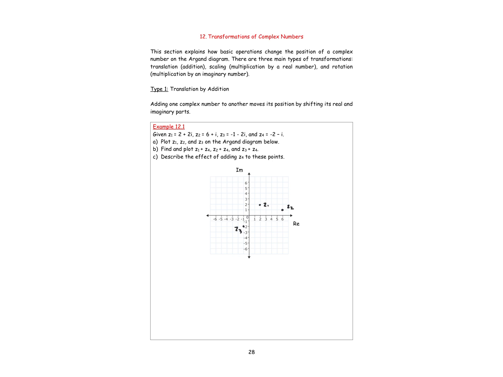In part B, it says find and plot z1 plus z4, z2 plus z4, and z3 plus z4. First of all, I'm going to find z1 plus z4. z1 is 2 plus 2i. z4 is minus 2 minus i. Here I'm going to add and subtract the real and then add and subtract the imaginary.